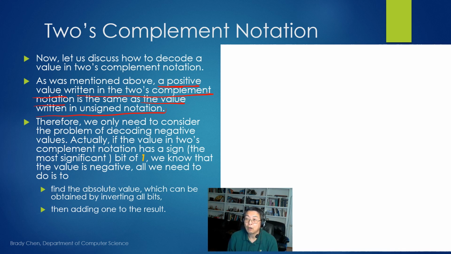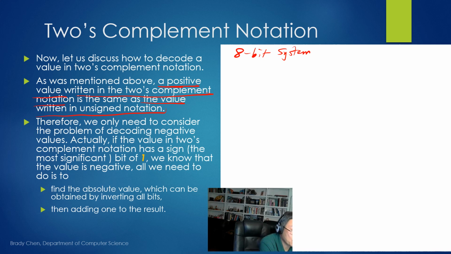Okay, now since we are given the numbers in 2's complement notation, how can we know a number is a negative number? So here's what we need to do. Let's think again about 8-bit system.